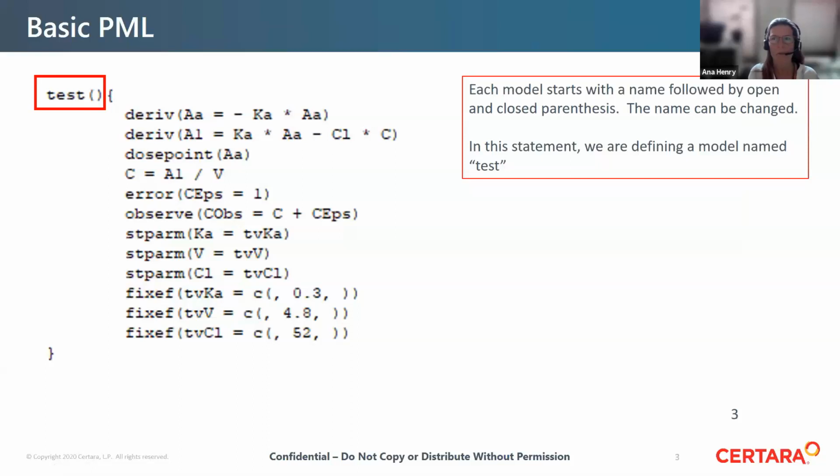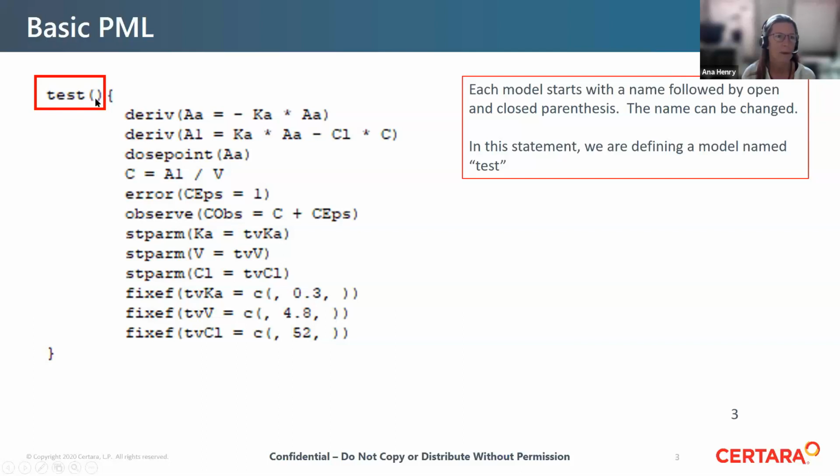All right, so we're starting with PML. You will have this starting model name, followed by open and close parentheses. Now, this name test is what our wizards and those RShiny apps put in there, but it could be called my model or run one or run two, whatever it is. These can be changed, but most of the time, if you're using the wizards, you will see this test.